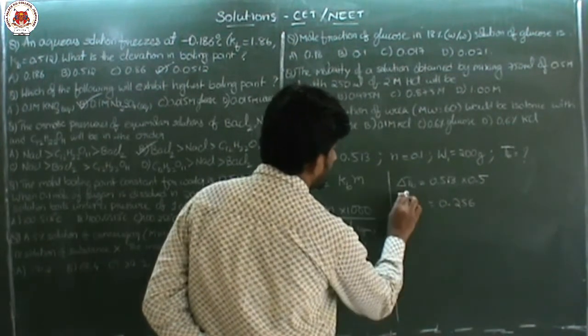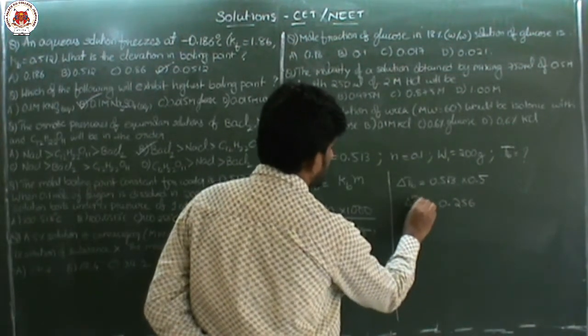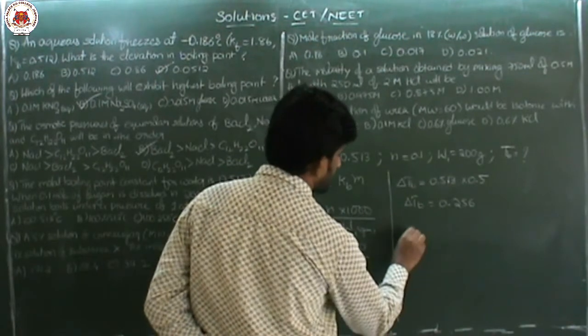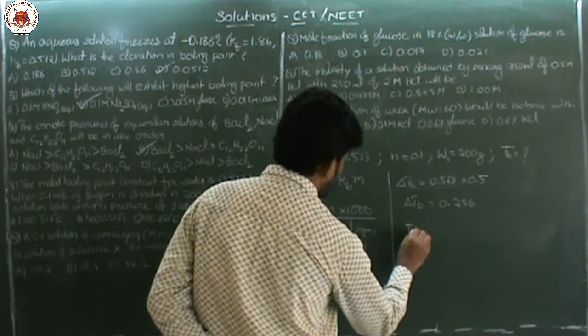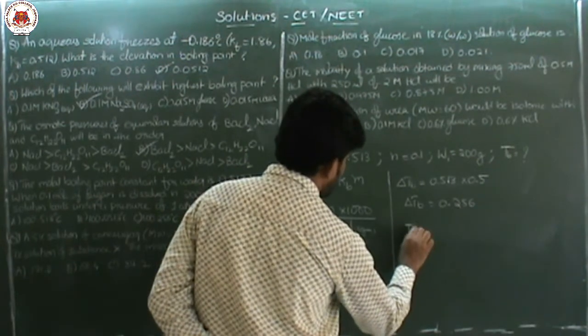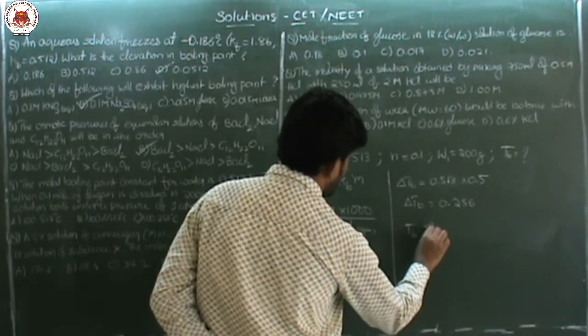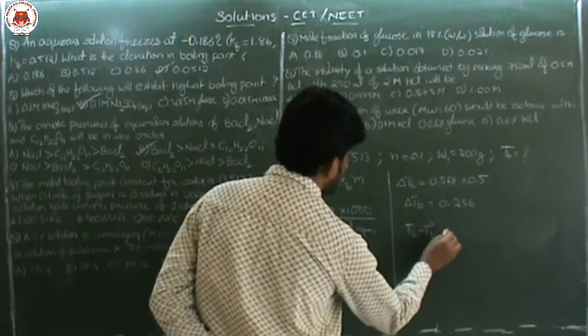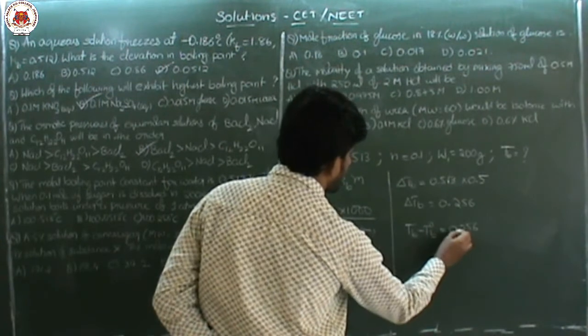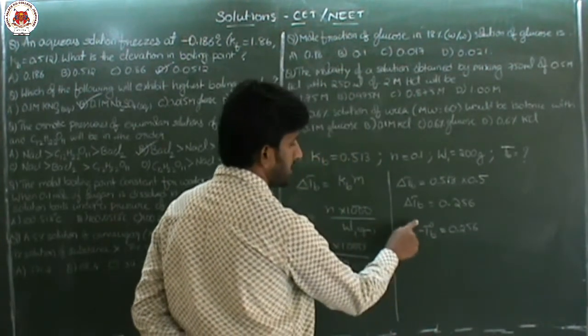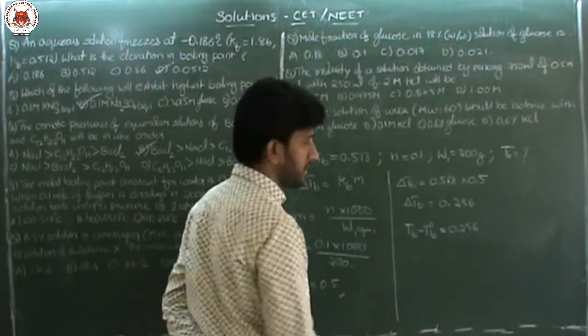Now you know the delta TB formula is TB minus T naught B. That means the elevation in the boiling point is equal to the boiling point of the solution minus the boiling point of the solvent, right?